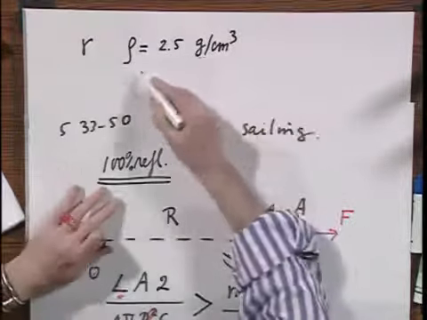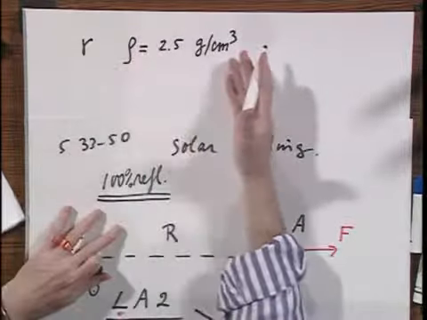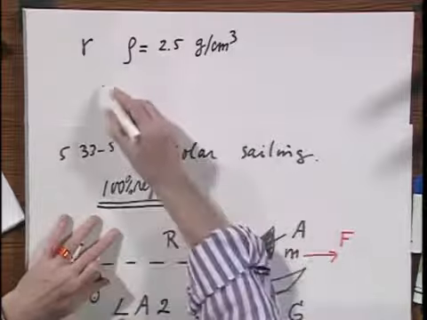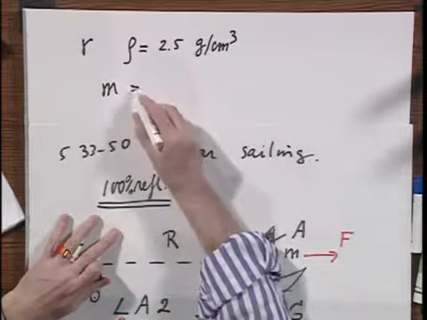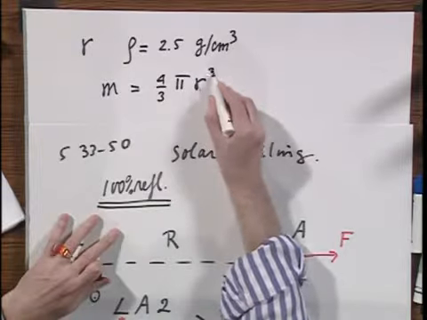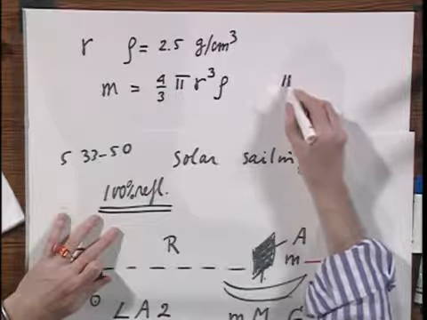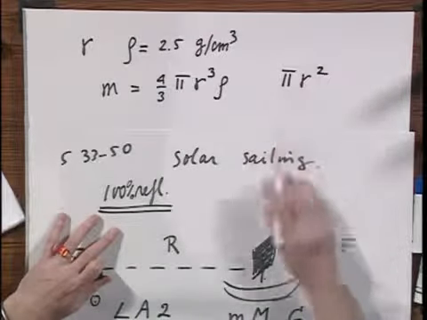That is sort of like what sand has. I take this number a little bit arbitrarily, but it's not a ridiculous number. So the mass of the grain would be 4/3 pi r cubed times rho, and the cross-sectional area of a grain would be pi r squared.